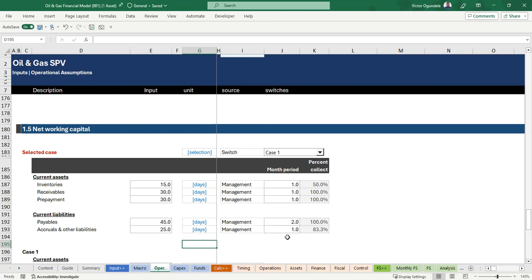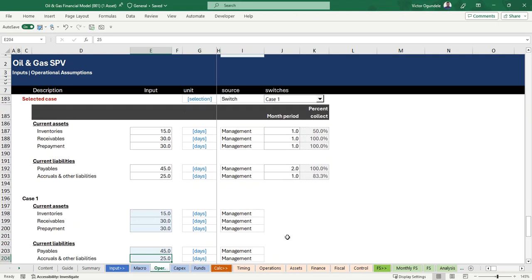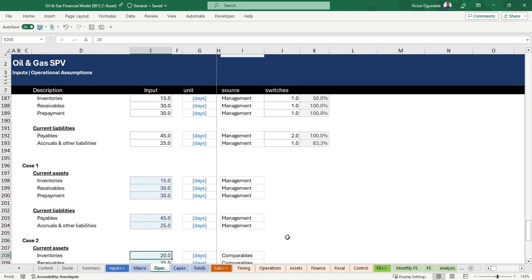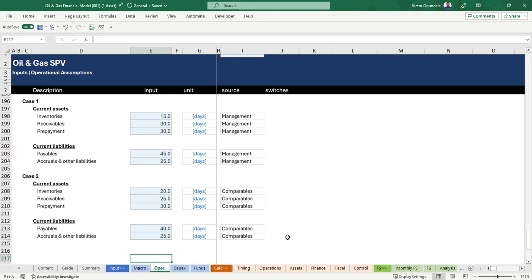Then payables: anybody that we owe money, how long will it take us to pay them? Then your other accruals and liabilities. We've stated it in, and we also created different scenarios around that, because this working capital is a very key driver, especially when it comes to valuing the project, valuing the assets.